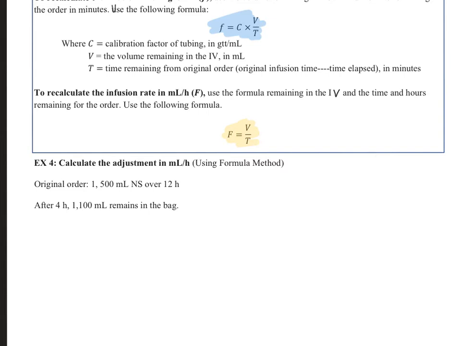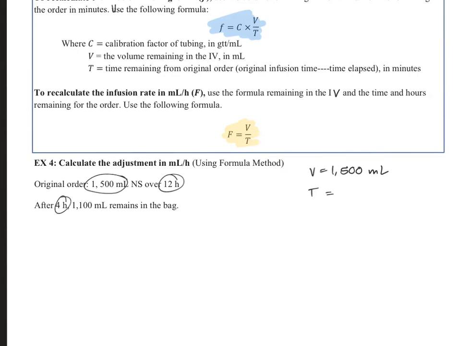So let's look at the information that we do have. Well, we know the volume, 1,500 milliliters, which is in the correct units. And then we know the time. Well, actually, we have to figure that out. The original time was 12 hours, and 4 hours has gone by.